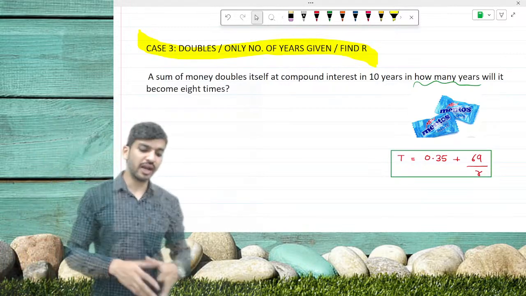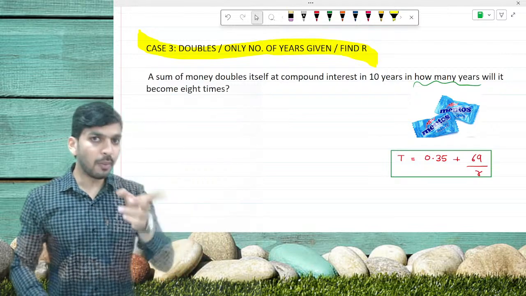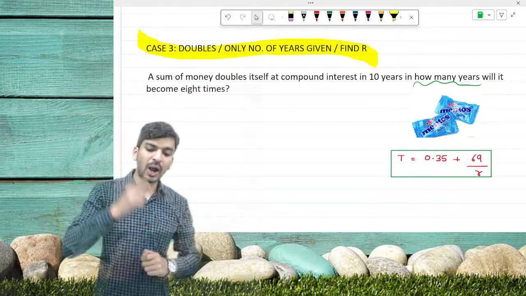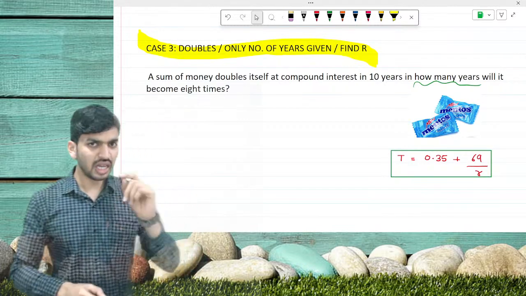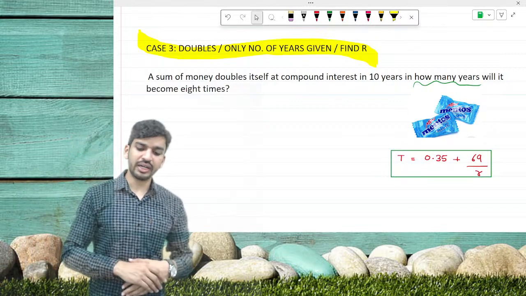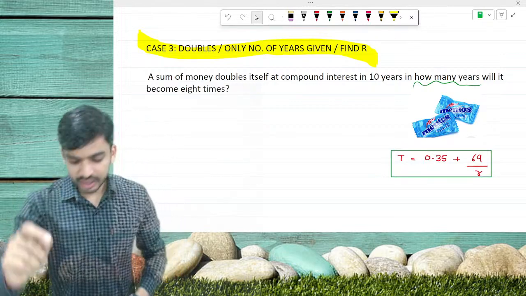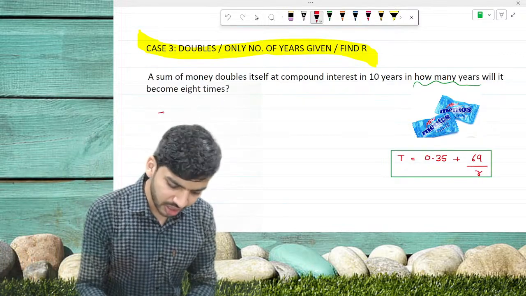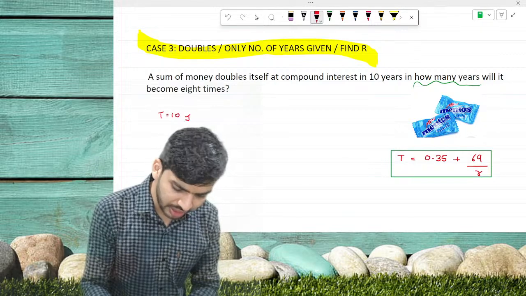Here they have given: a sum of money doubles itself at compound interest in 10 years. So time given here is equal to 10 years.